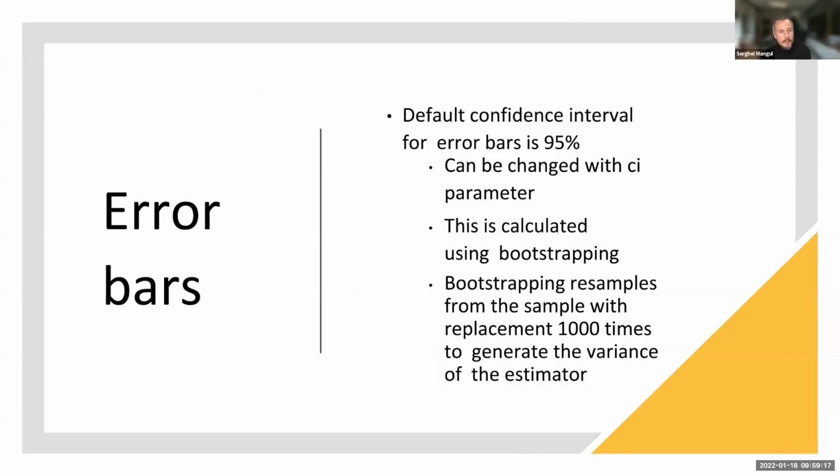So what about error bars? Error bars by default are the confidence intervals, the 95% confidence interval. This can be changed with the ci parameter. I will not go into that much detail. There is some bootstrapping happening and so on, but just to understand, the 95% confidence interval shows, although you cannot see the data points, based on the error bar you can get some idea of how the data is distributed.